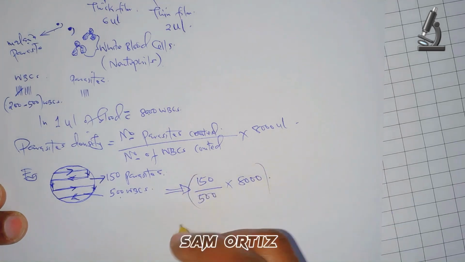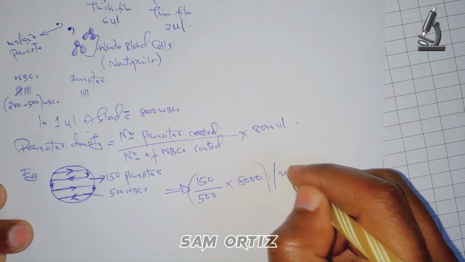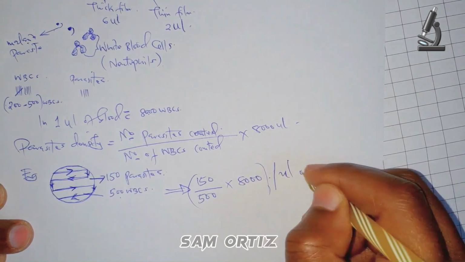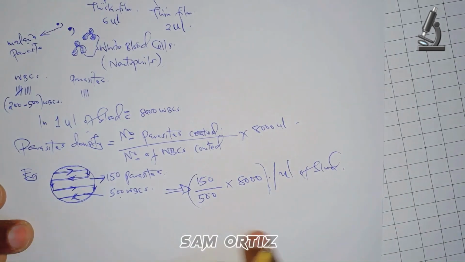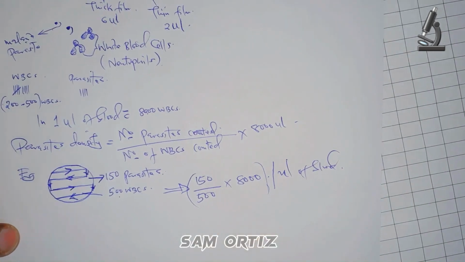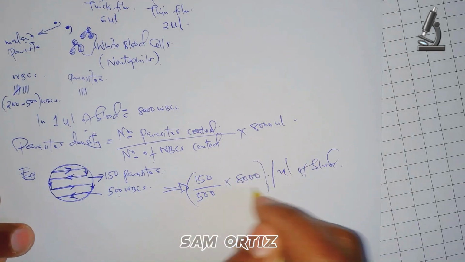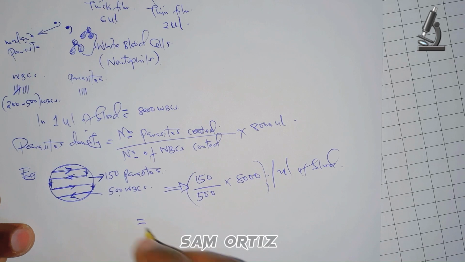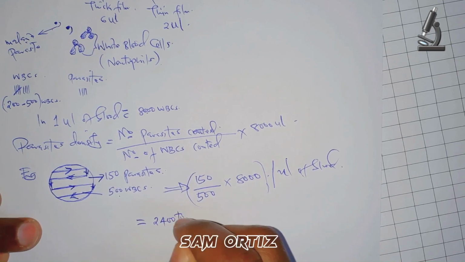Now let's assume we counted 150 malaria parasites over counted WBCs of 500 times 8,000 microliters. This formula gives us the density of malaria parasites in a particular sample or in the slide that we just made.